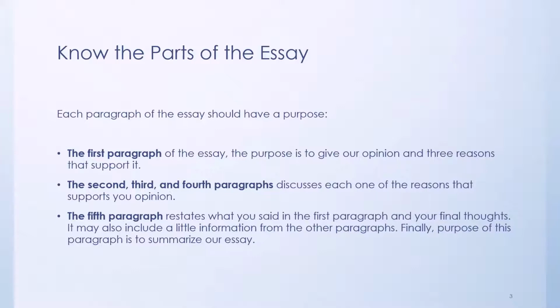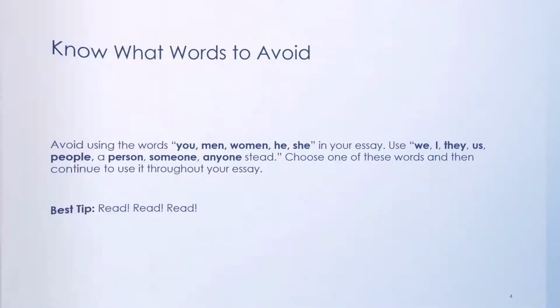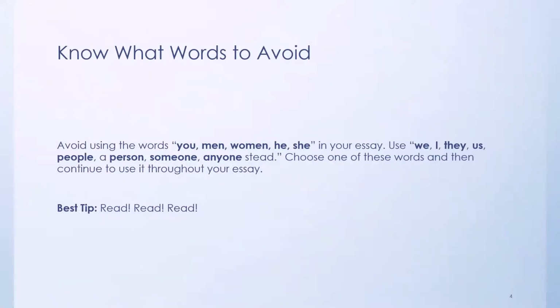Another thing that I highly recommend is to avoid the following words. Avoid using the words you, men, women, he, or she in your essay, because you're not trying to blame whoever is reading your essay, or men or women, as the fault, reason, or cause for your opinion.